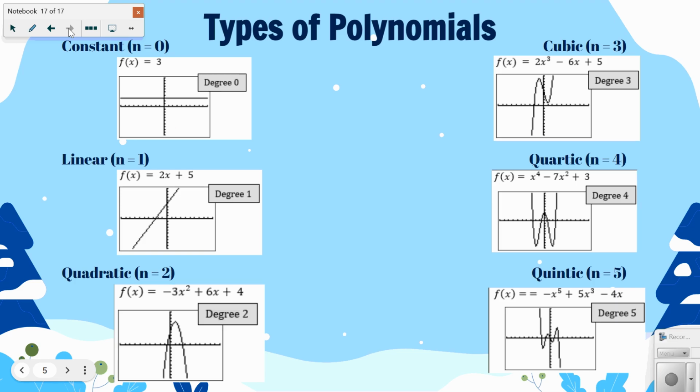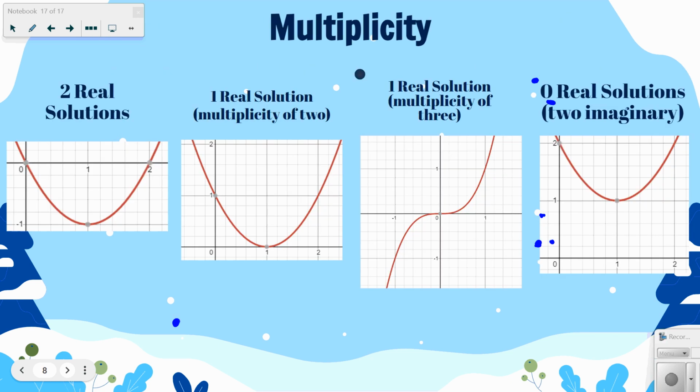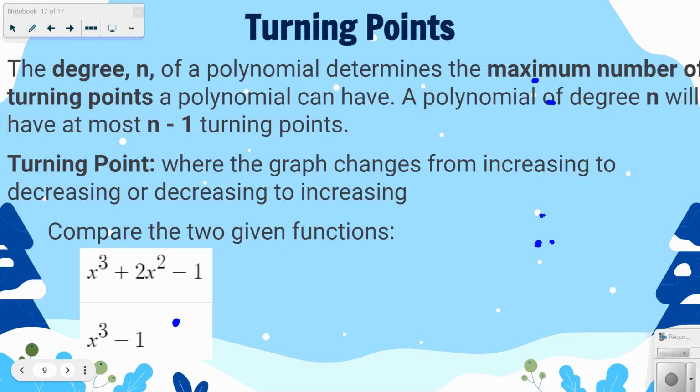So here's my quadratic. I had 1 turning point, my degree is 2. Here's my cubic, I had 2 turning points, my degree is 3. Quartic, I have 3. So let's put that into our notes.